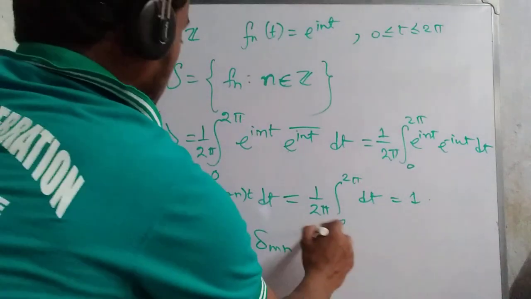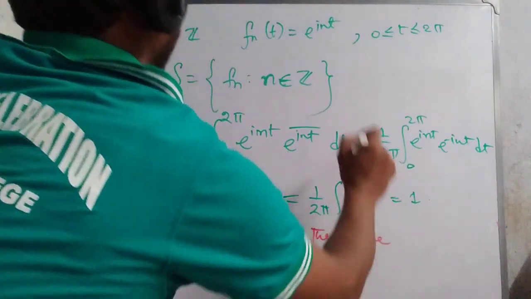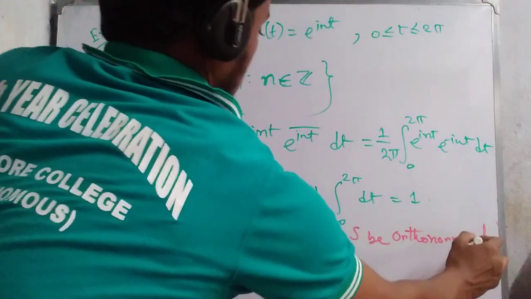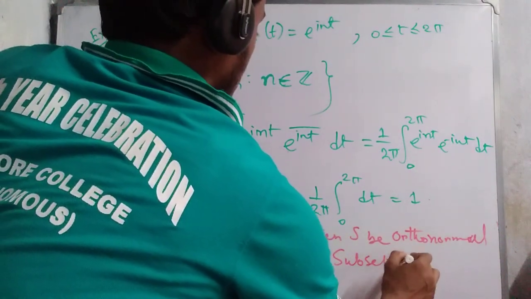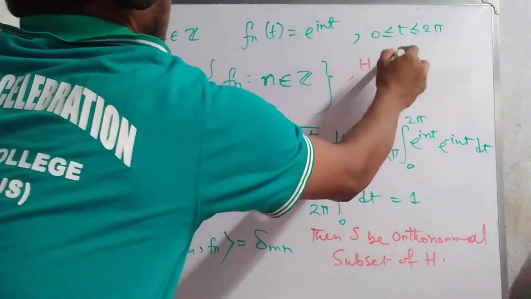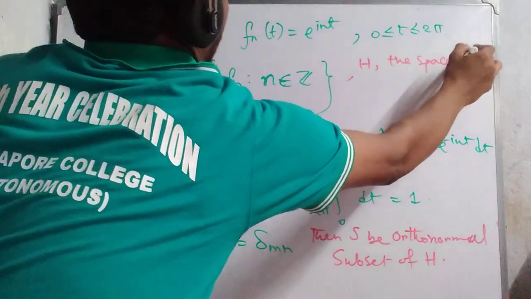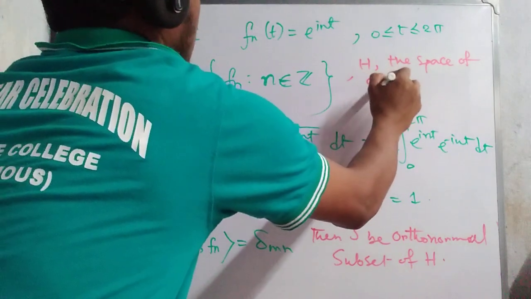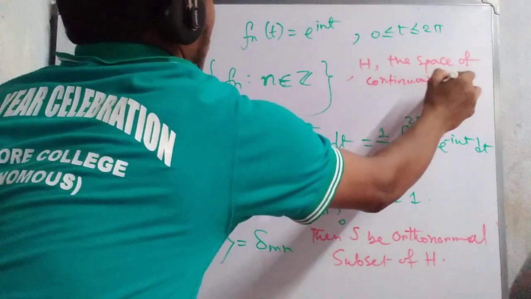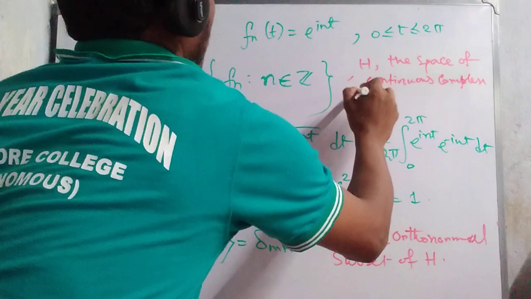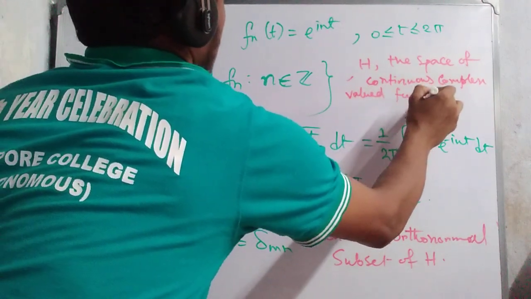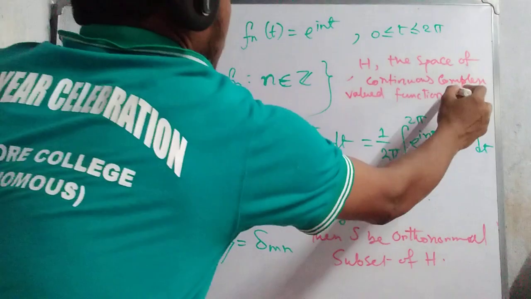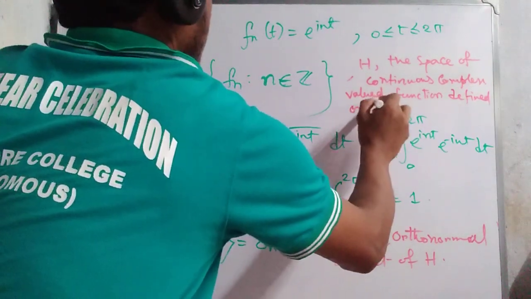Then this is an orthonormal subset of H, where H is the space of continuous complex valued functions defined on the interval.